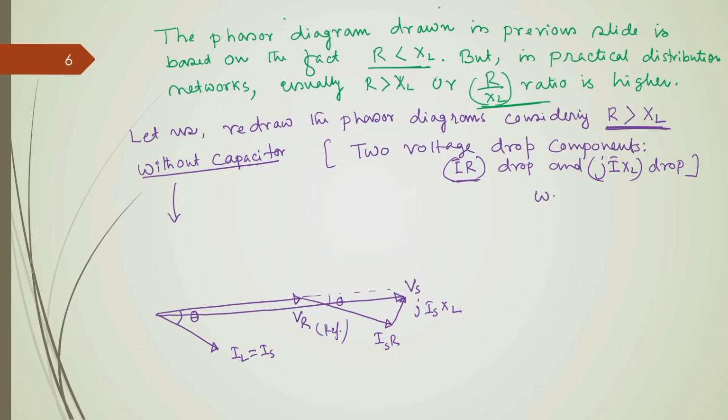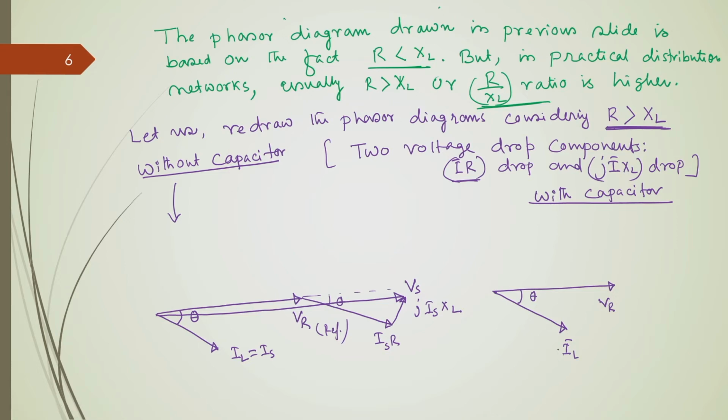So, with capacitor what will happen? Let us consider this is our VR. Now, again my IL is lagging with respect to VR at an angle theta. Okay. But here, this is my IL, but it is not equal to IS, the current drawn from the substation.